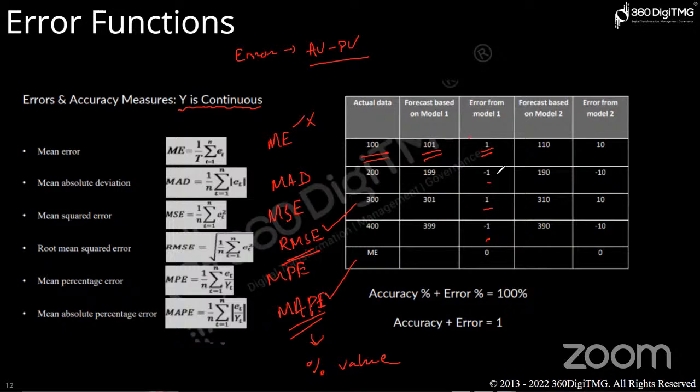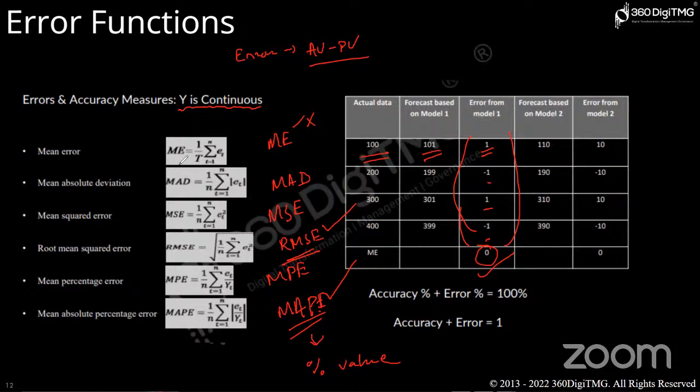Because if we consider mean error, it might give us 0 value, because it is just summation of all the values. So the direction of the error cancels out, and it gives us a lower error value. It might even lead to zero error, which is not true.